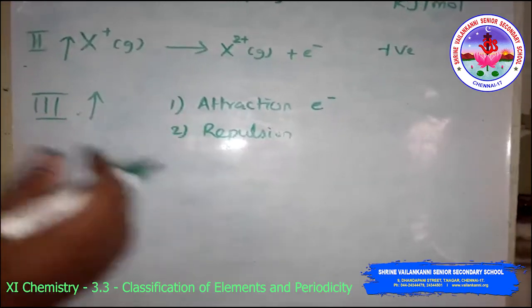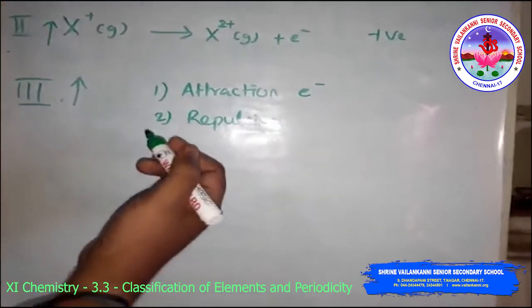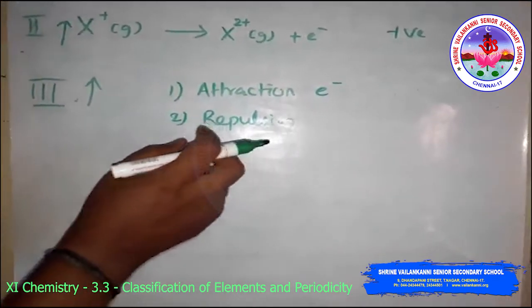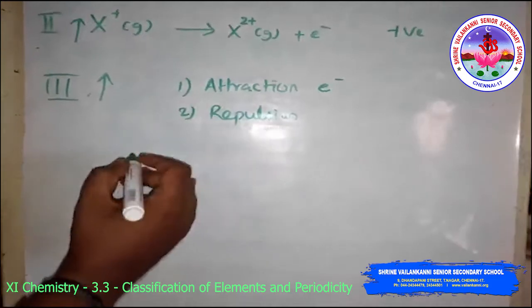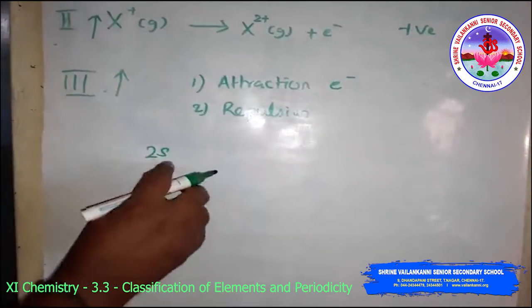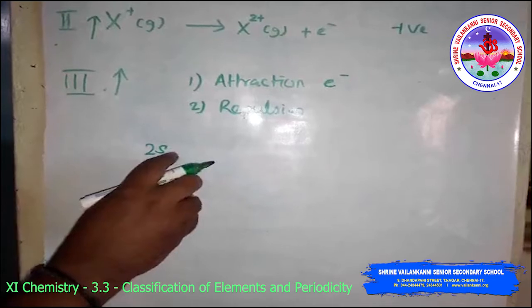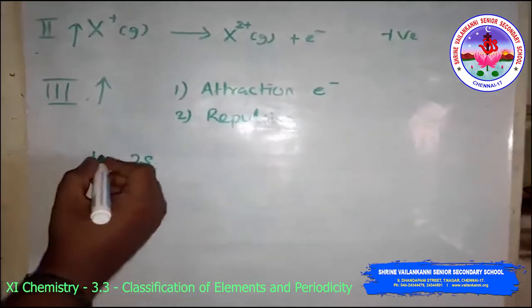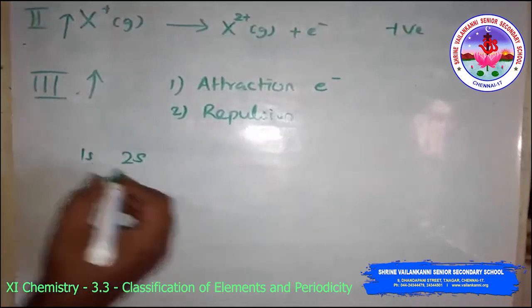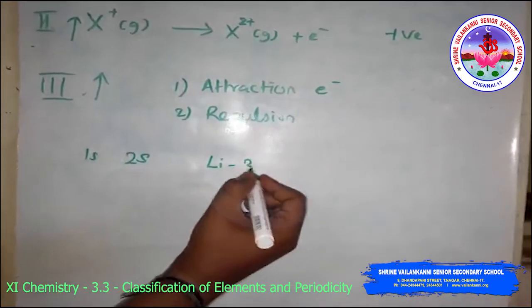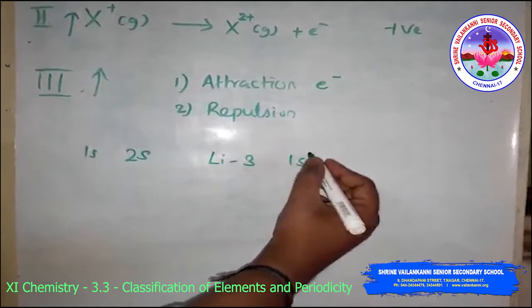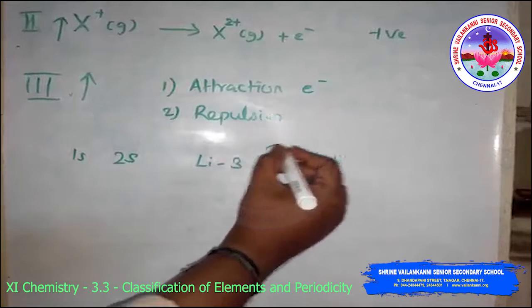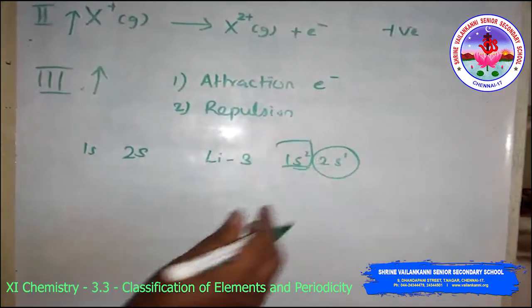Screening or shielding means the valence electron is shielded from the nucleus by the intervening core electrons. For example, the 2s electron in lithium is shielded from the nucleus by the inner core of 1s electrons. For lithium, the atomic number is 3, so the configuration is 1s2 2s1.